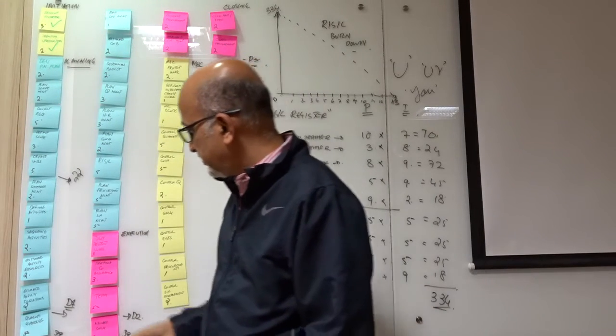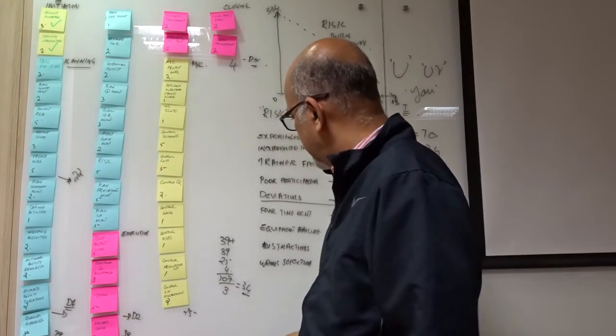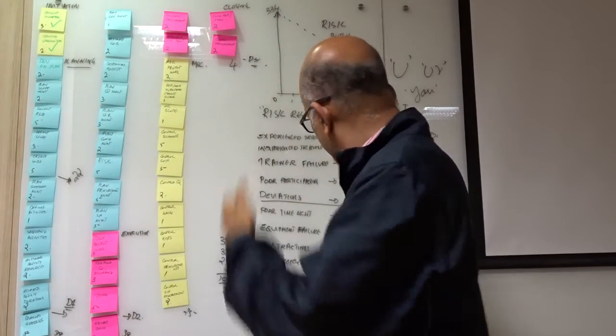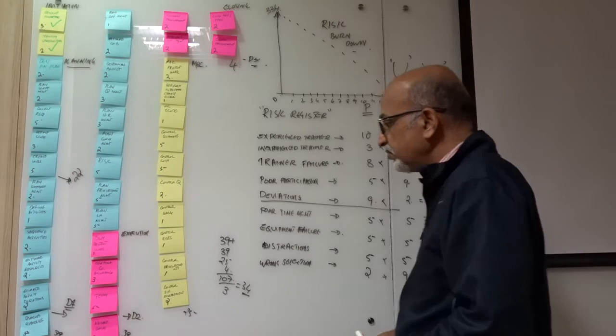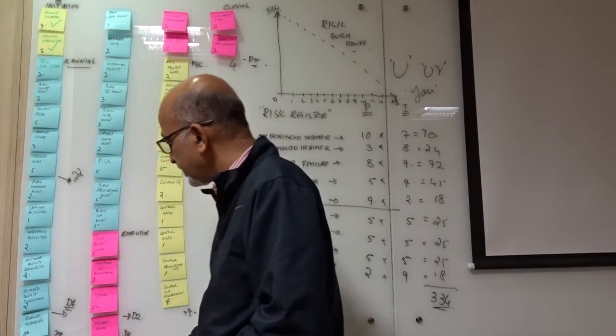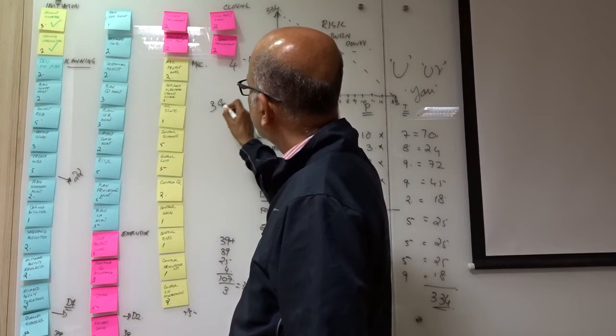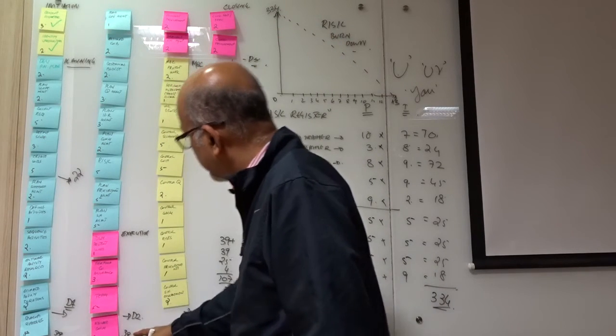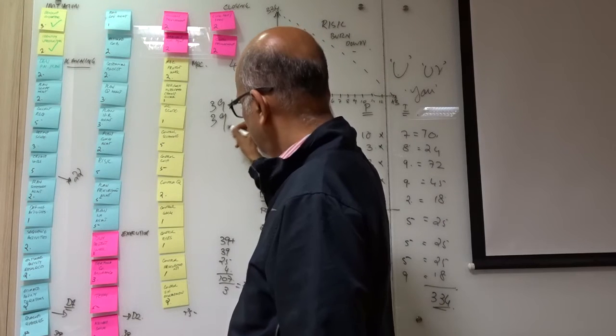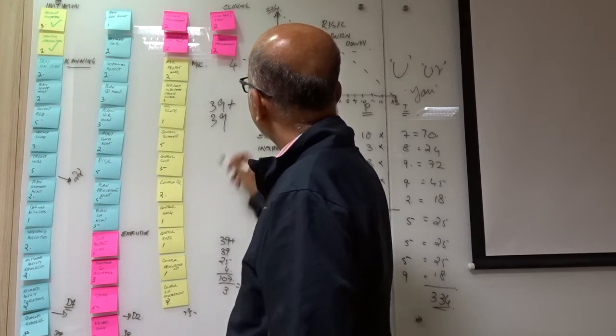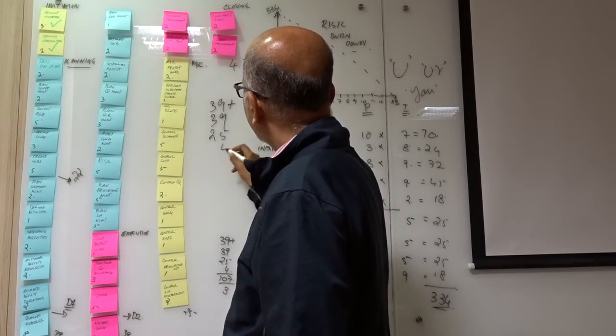Likewise, when we calculated, we came out with a total of 39, plus another 39, followed by 25 and 4.